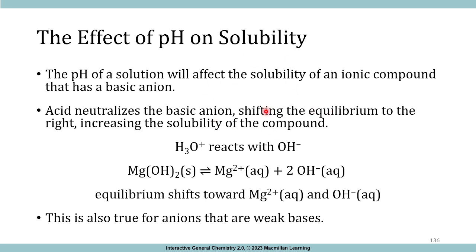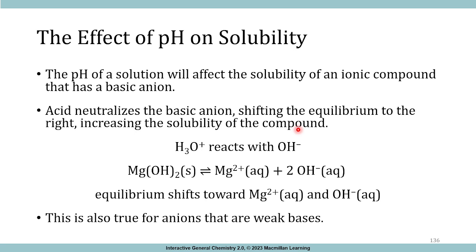Okay? Their new source of water is more acidic, and so their lead pipes became more soluble. So the pH of a solution will affect the solubility of an ionic compound that has a basic anion. The acid is going to neutralize the basic anion. This will shift the equilibrium to the right, increasing the solubility of the compound.